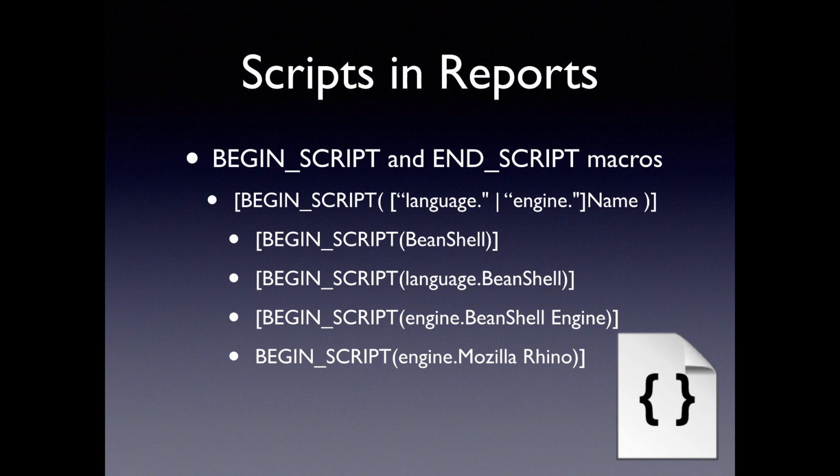And for some reason you specifically want Mozilla Rhino. Well, the way that you can make sure that that's the case is to define engine.mozilla Rhino. Then you're saying, I'm writing JavaScript, but I want it executed specifically with this engine. And then you would follow that with your script, and at the completion of it, you would end your script block with end script.